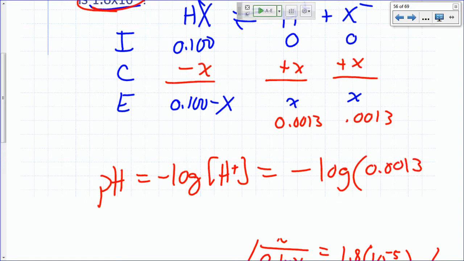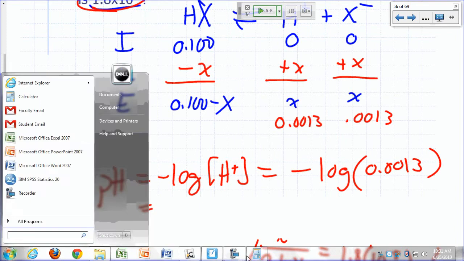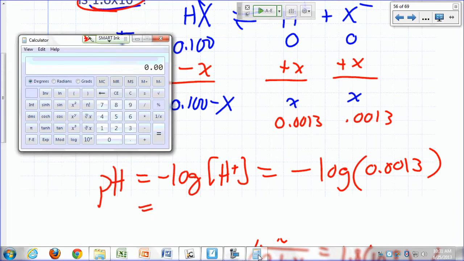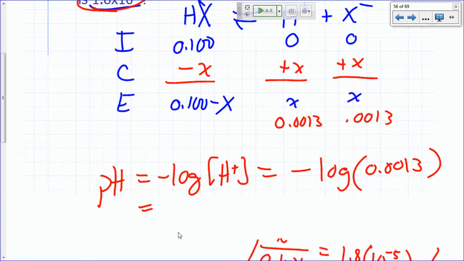And what's our pH going to be? Take the log, 2.89. Okay? So our pH is 2.89.